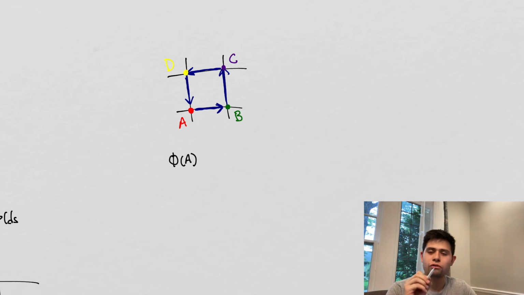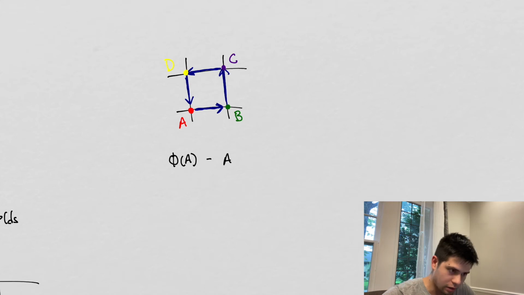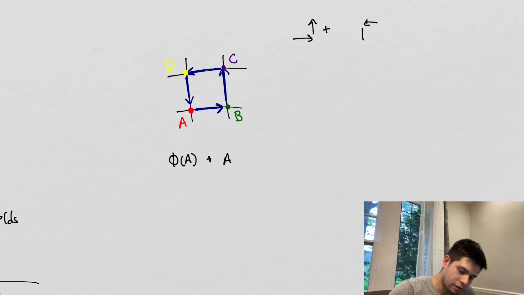Okay, and now we move from point A to point B, and when we do that, we want to take into consideration the change in our field, or the change in our coordinate system, as we go in the x direction. Right, and I want to add this. We'll see why. I'm going to consider going this way and going up being plus, and this way and this way as being negatives, just for convention.